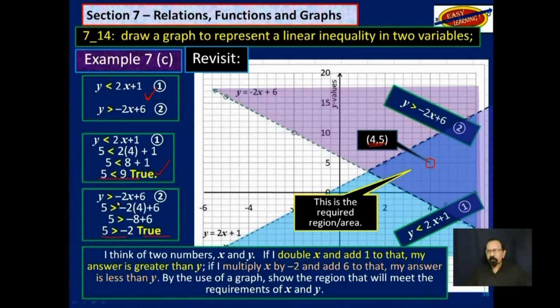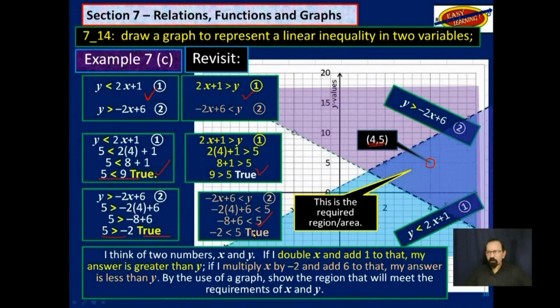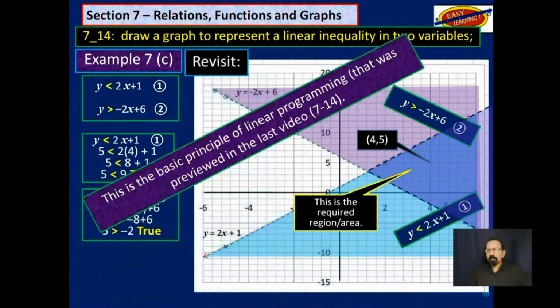That is true. And then we do the same thing for the original two inequalities, and we find the answer is also true. Now, this is the basic principle of linear programming that we previewed in the last video. That is video 14 in this section. Very last thing we did.